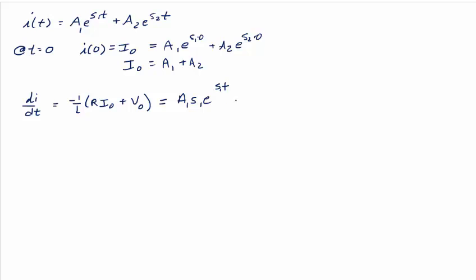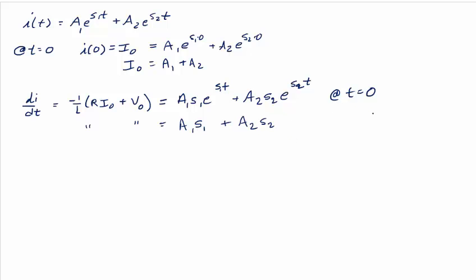We already know what S1 is, plus A2 S2 e to the S2t. And so we have that equated together, but we have it at t equals 0. So this part is still the same, equal to A1 S1 plus A2 S2.